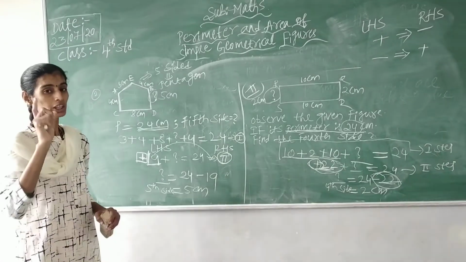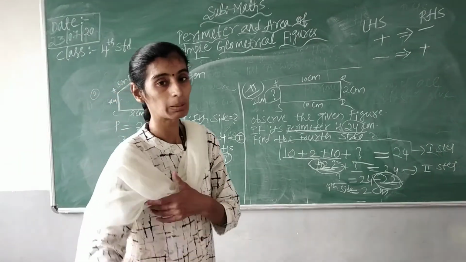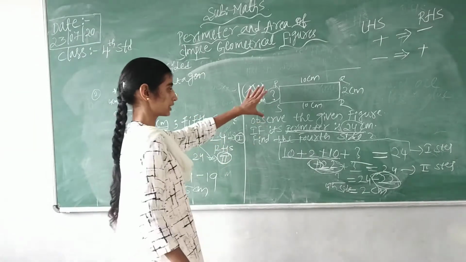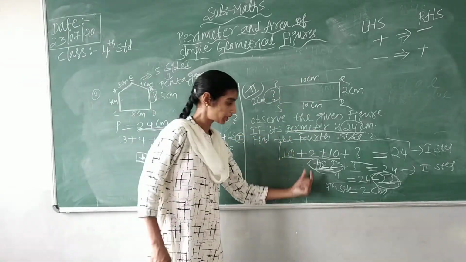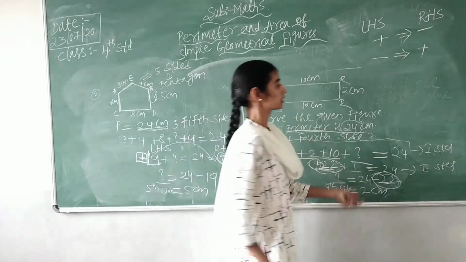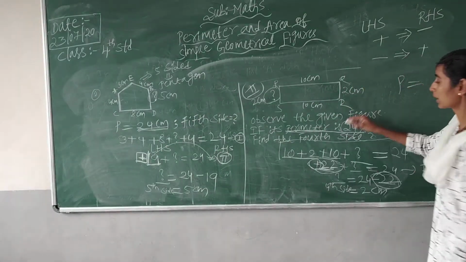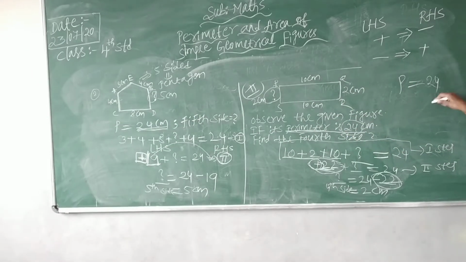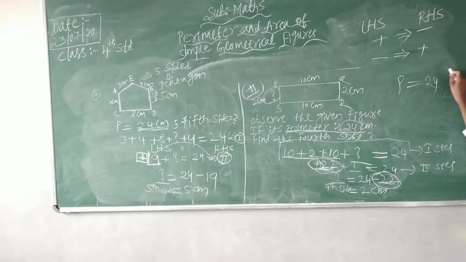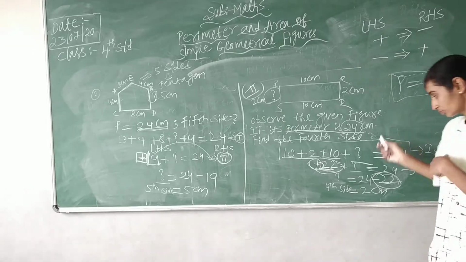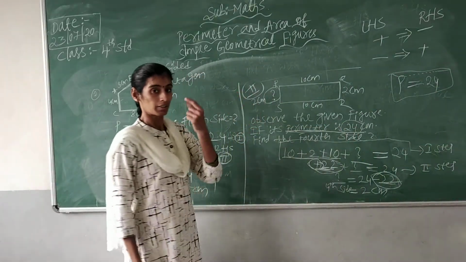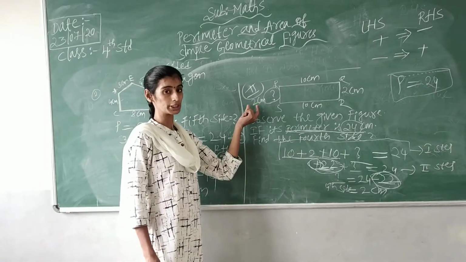Then only whatever you have done will be correct. So this is the verification part: how to verify whether whatever we have done is correct or wrong. Use the perimeter value. Already we have been given 24.